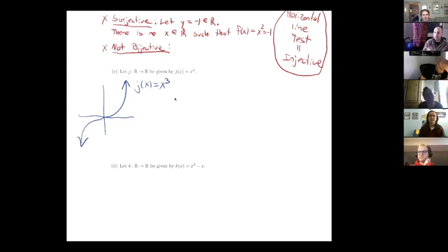So this satisfies both of those properties, injective and surjective. And so kind of an informal proof would be to say, well, look, every horizontal line that I draw intersects the graph. That makes it surjective, and it intersects the graph exactly once, and that makes it injective.